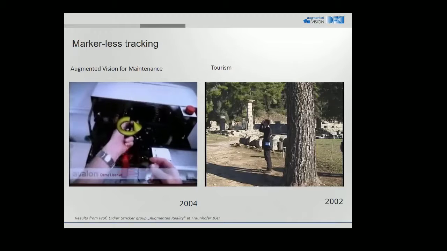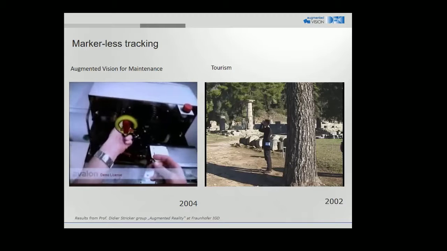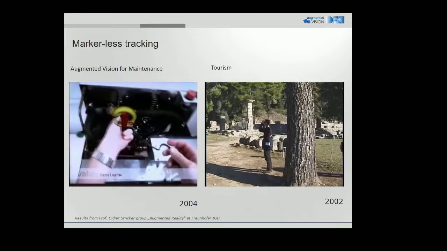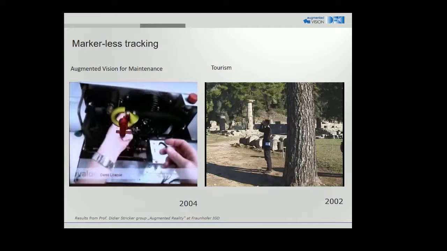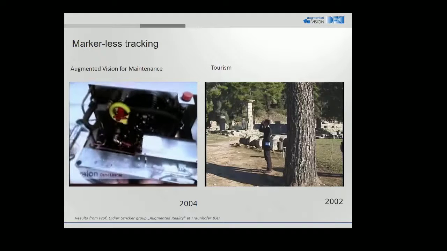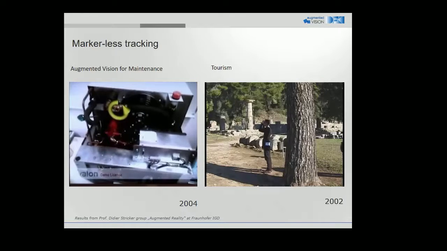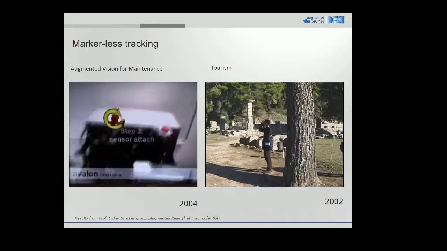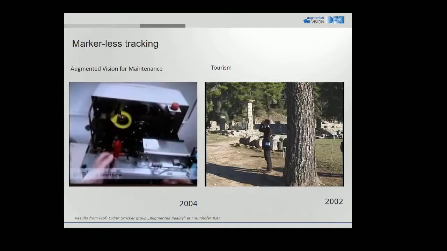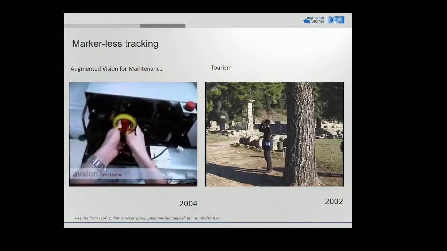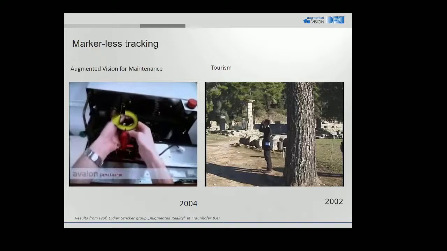Next is markerless tracking, where we are trying to track something that doesn't have a predefined pattern. But that's not entirely true. We can extend the markers to be our real-life objects or real-life shapes. From there, we can track these shapes and then create individual contents for each of them.